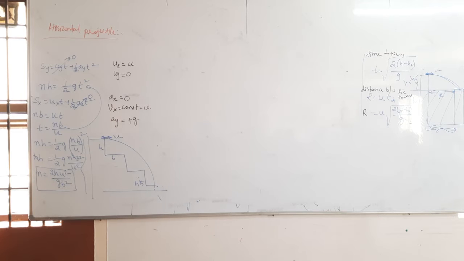Next question, what is the path of the bomb as seen by an observer standing on the ground?